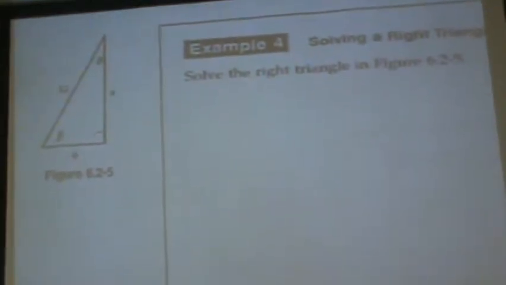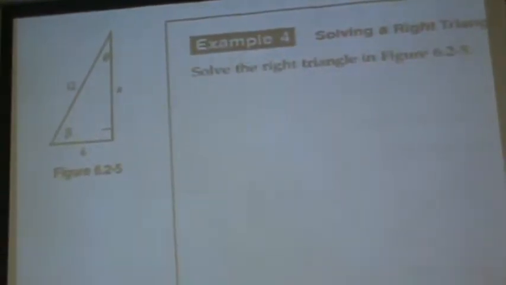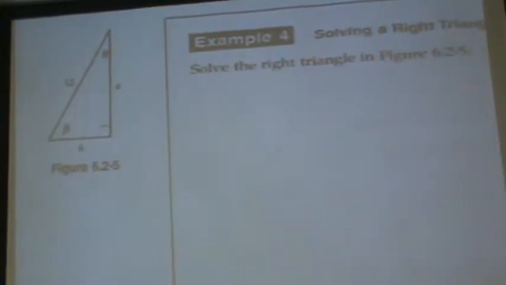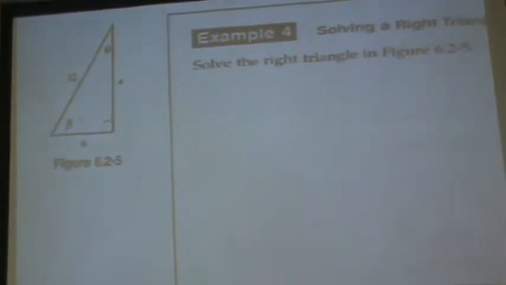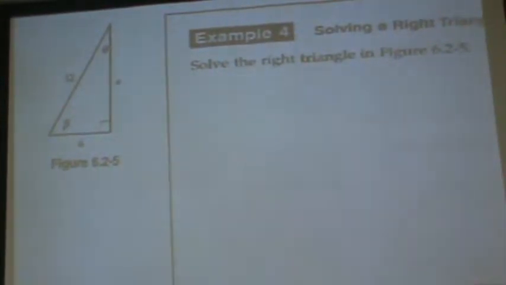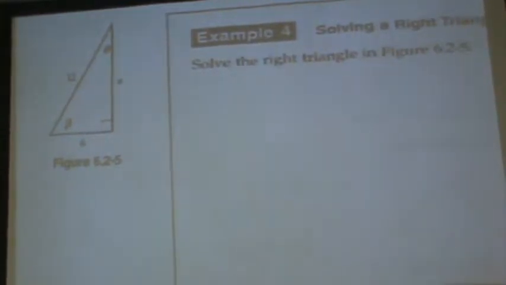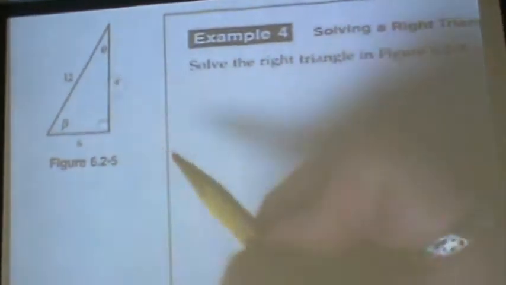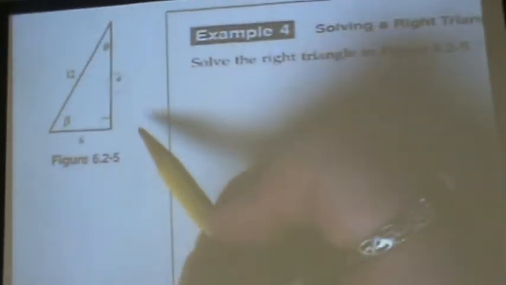Now, for example 4. Example 4, you're given two of the sides, and you're asked to find the two angles and the third side. For this one, I would find the third side first. Right, because the hypotenuse is double the smallest side.